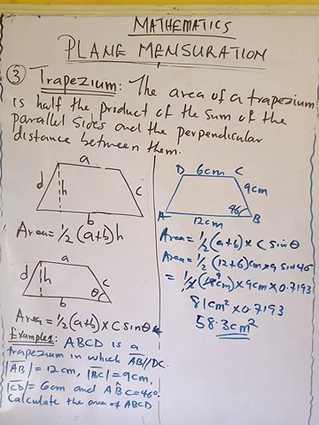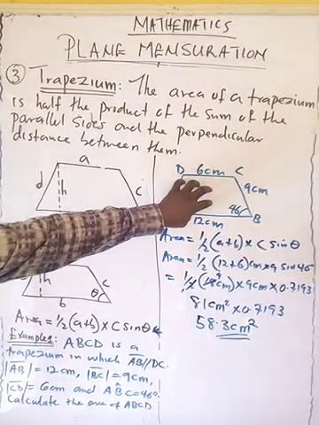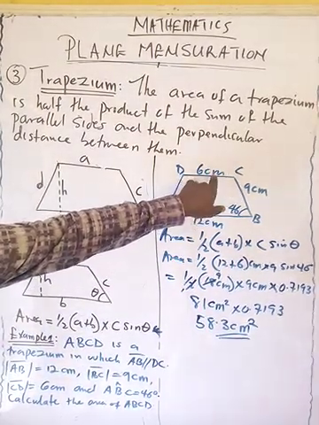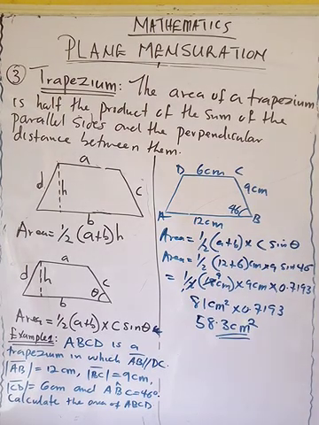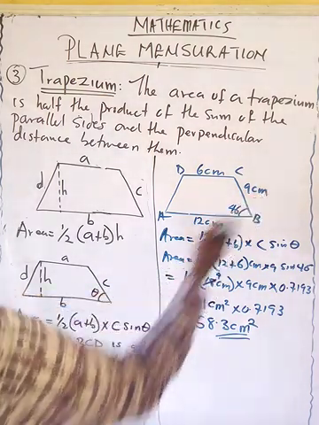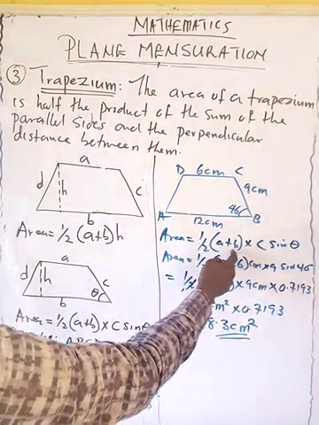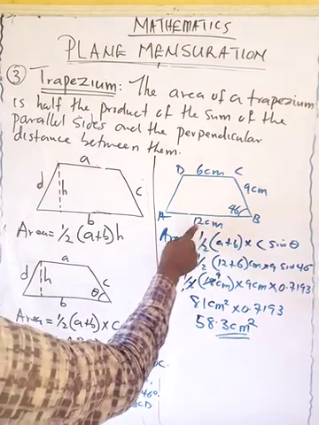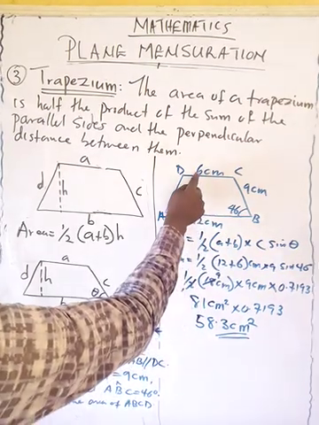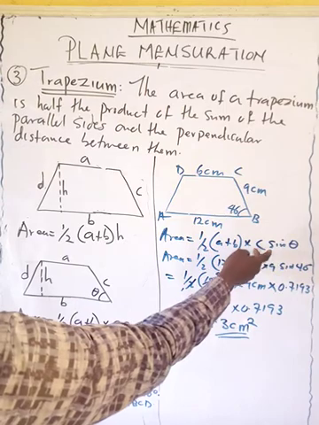So let me explain it again. This is the angle they gave us. They gave us this trapezium. Our DC is 6 centimeter and our AB is 12 centimeter. Now this is our C here. So from here, half of A plus B. Our A is 12 centimeter, our B is 6 centimeter, then our C is 9 centimeter.